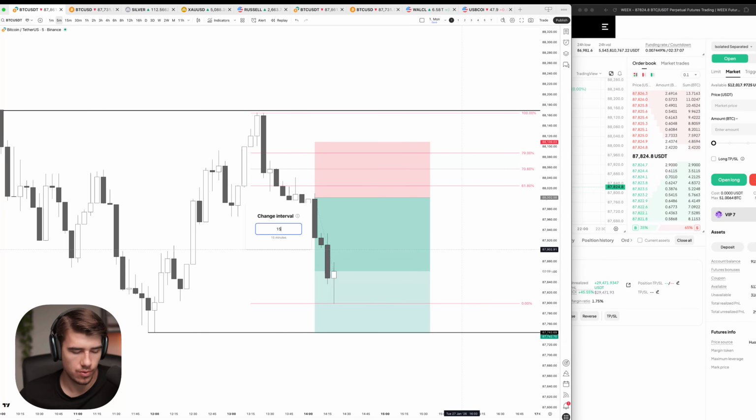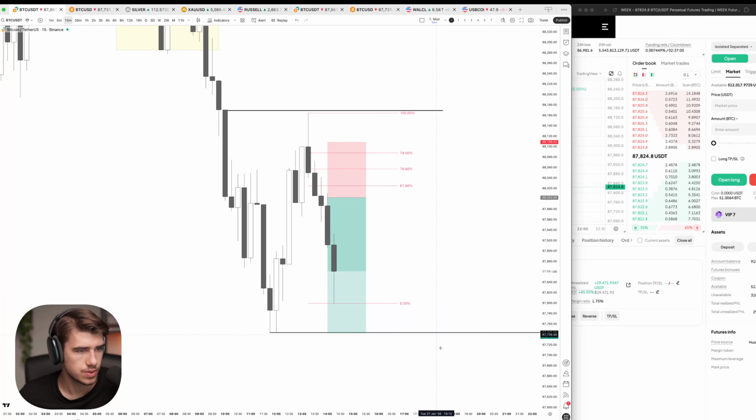In an ideal world, we wait for the 15-minute close, which is in 7 minutes, because that should ideally close below the gap that we're looking at.